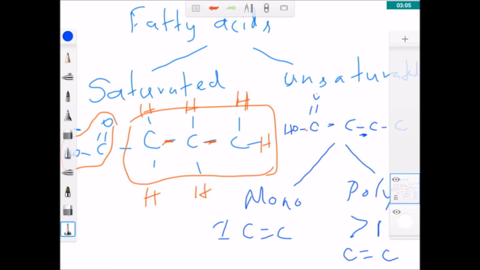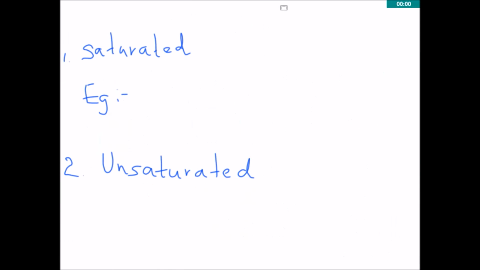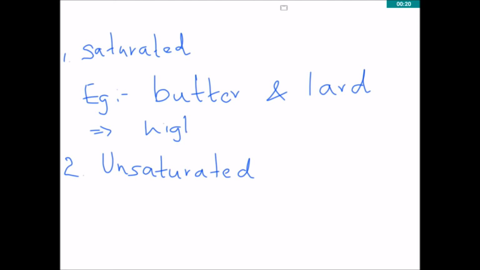Okay, so now let's see what the examples are. For saturated fatty acids, the examples are butter and lard. As I said earlier, they are solids, so they have a very high melting point compared to the unsaturated ones.